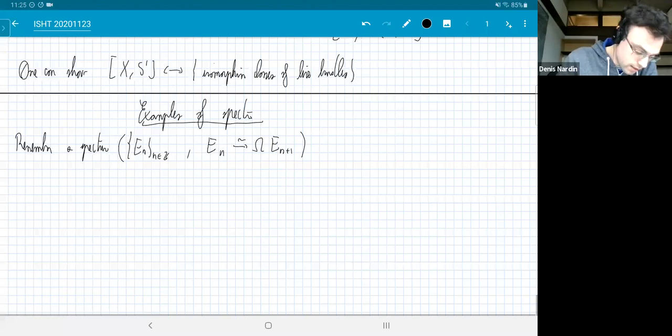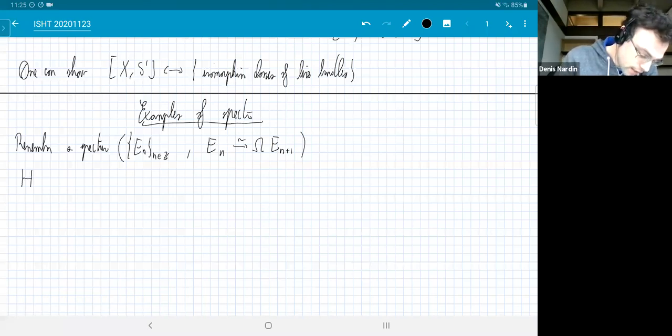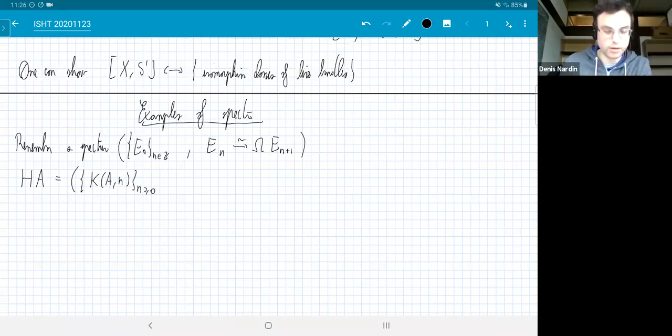And the first one I want to give is HA, the Eilenberg-MacLane spectrum, where A is an abelian group. Well, okay, let me do n greater or equal than 0. It's just a point when n is negative. Because negative cohomology is trivial, so it's represented by the point.